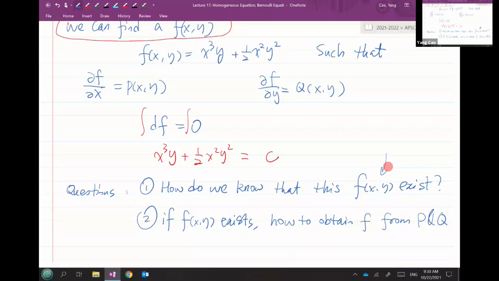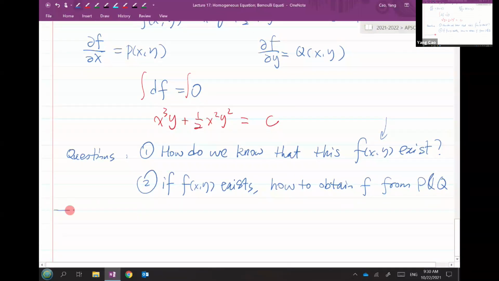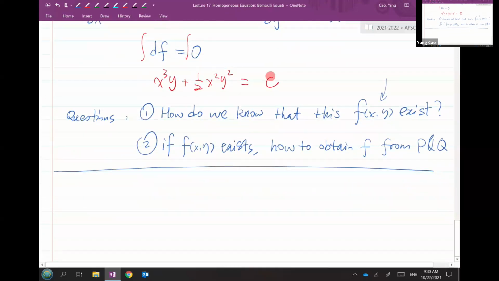All right, so now we still got time, so let's finish the 3 additional types I mentioned. Let me jog your mind here. Type 1 is the separable equation. Type 2 is the homogeneous equation.